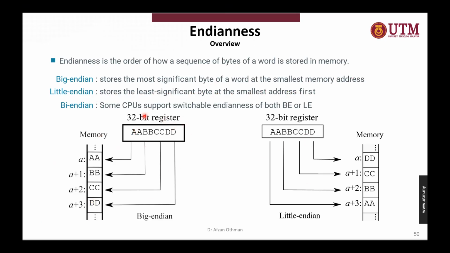Let's say we have this number here, a 32-bit number. From this 32-bit number, we are going to store it inside this memory, and this memory is an 8-bit configuration.